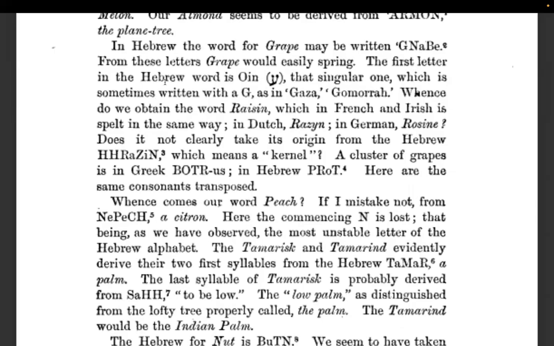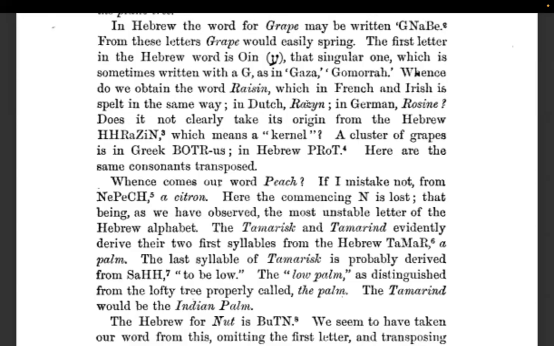The first letter in the Hebrew word for is ayin, that singular one which is sometimes written with a G, as in Gaza, Gomorrah. Whence do we obtain the word raisin, which in French and Irish is spelt in the same way. In Dutch, raisin, in German, Rosin.